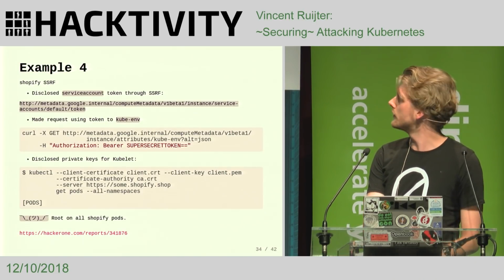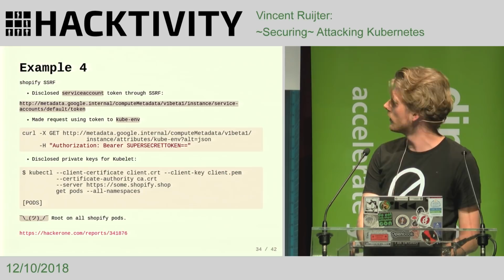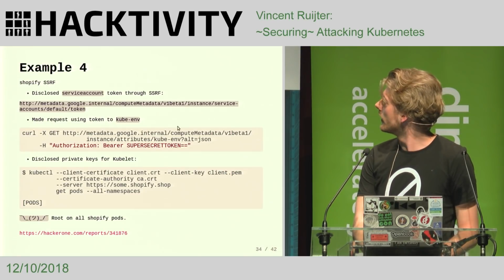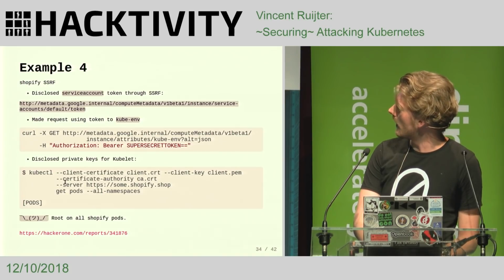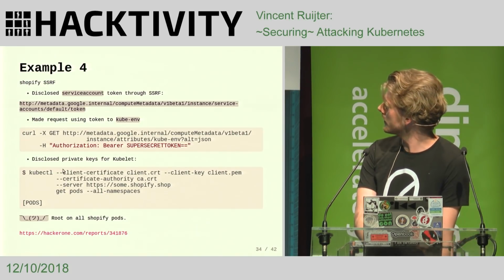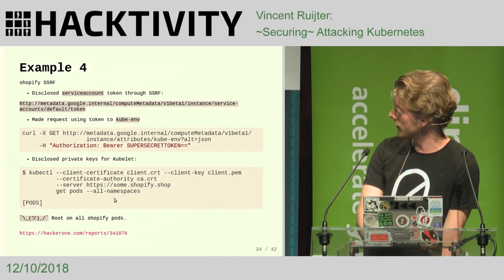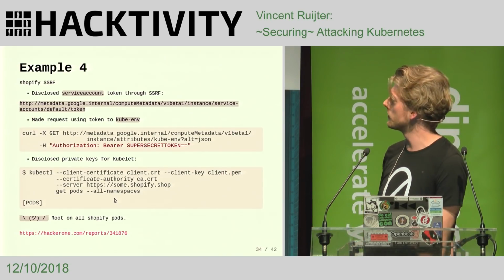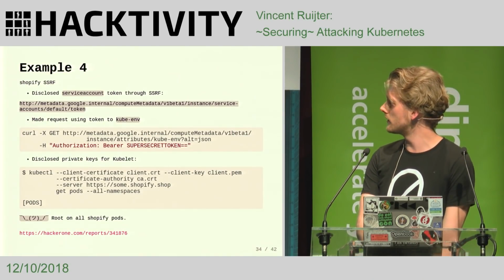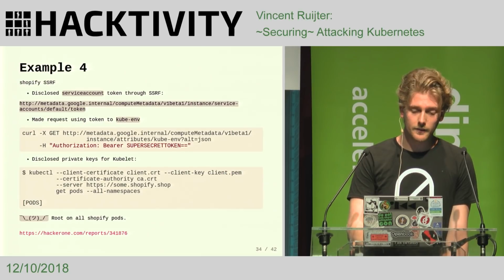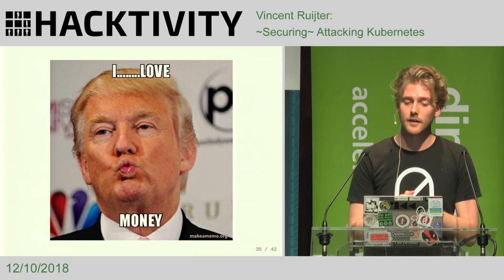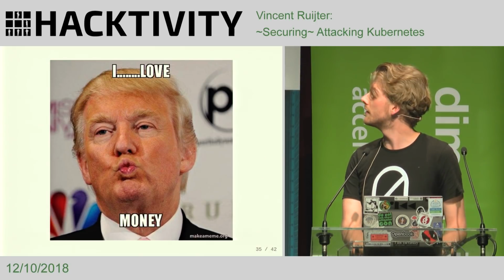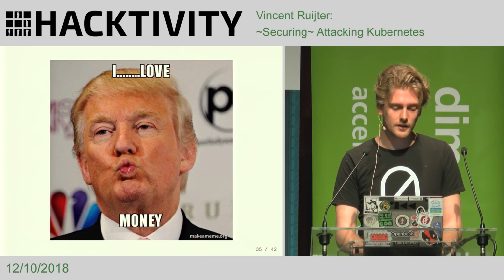As you can see in the authorization bearer, that would be where your JWT token would go, right here. And he disclosed the private keys inside his environment variable and then downloaded the kubectl inside his pod. And he was root on all possible pods from Shopify. Also, all their namespaces, everything was compromised. And yeah, he got a $24,500 bounty for that.